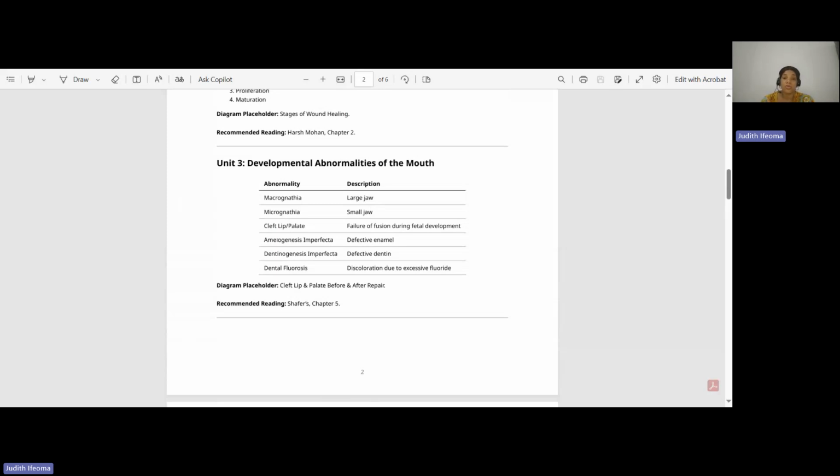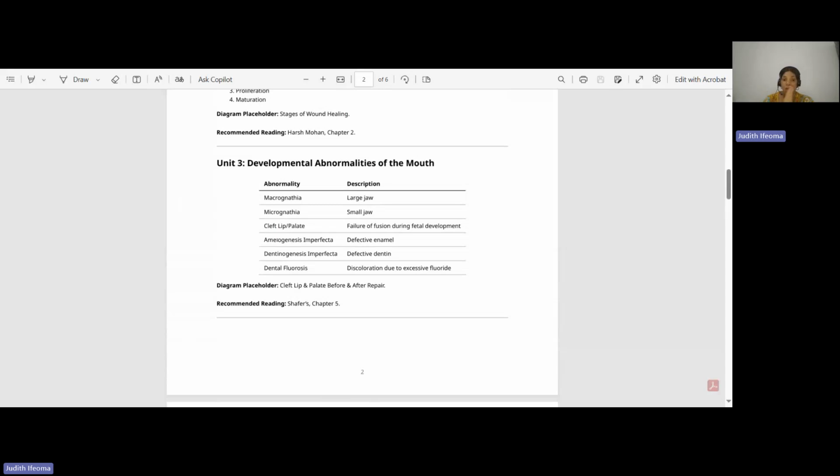Number three is the cleft lip and cleft palate. A cleft means a gap, as I showed you in that baby's picture. This happens when the upper lip or the roof of the mouth, that's the palate, doesn't close properly during fetal development. The cleft lip is a split in the upper lip. The cleft palate is a gap in the roof of the mouth. Please take note.